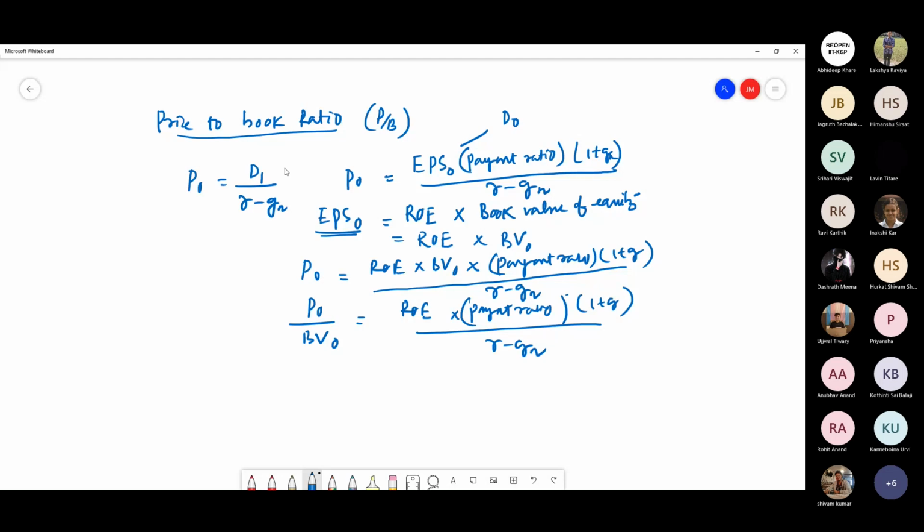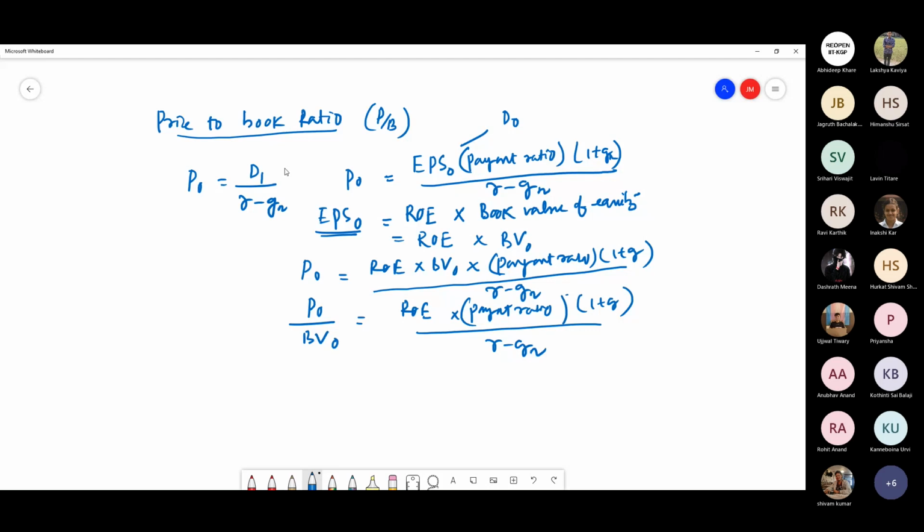What we are trying to say is that the price to book ratio is directly proportional to return on equity and payout ratio, and inversely proportional to the discount rate R of that particular equity.